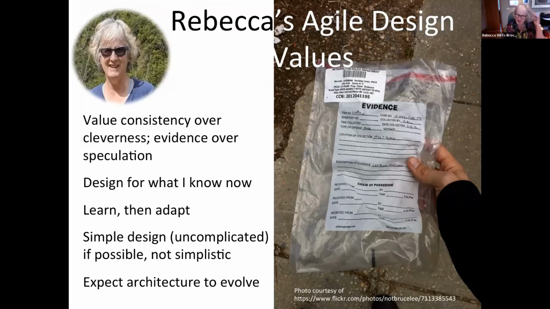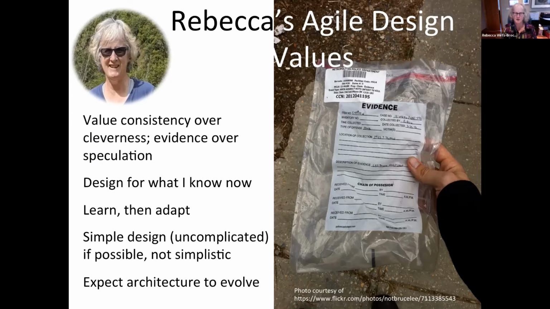The situation may demand that I behave differently, but in general, I value consistency in an implementation over being clever. And I value evidence over speculation. So if I can find ways to measure things or know that customers really want things, then I'm much happier about going.